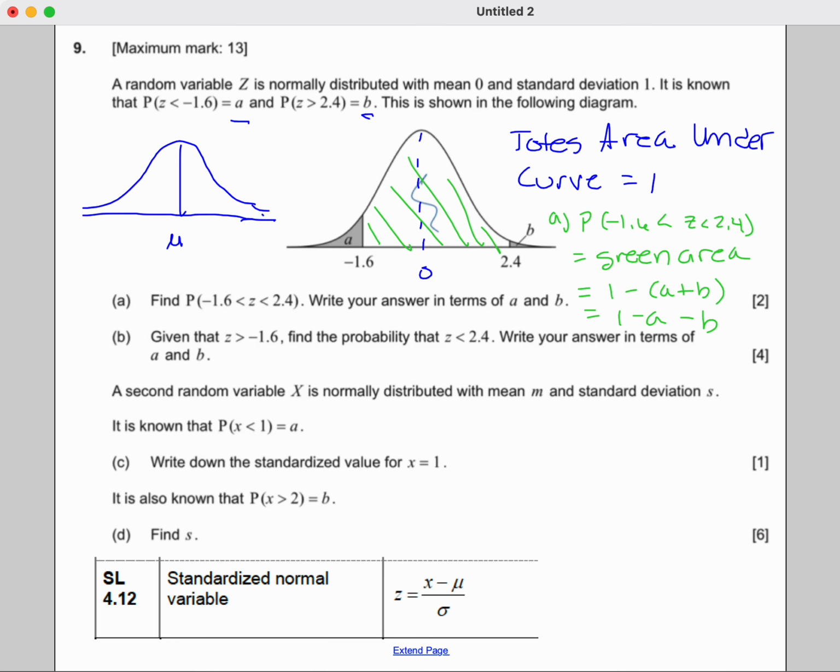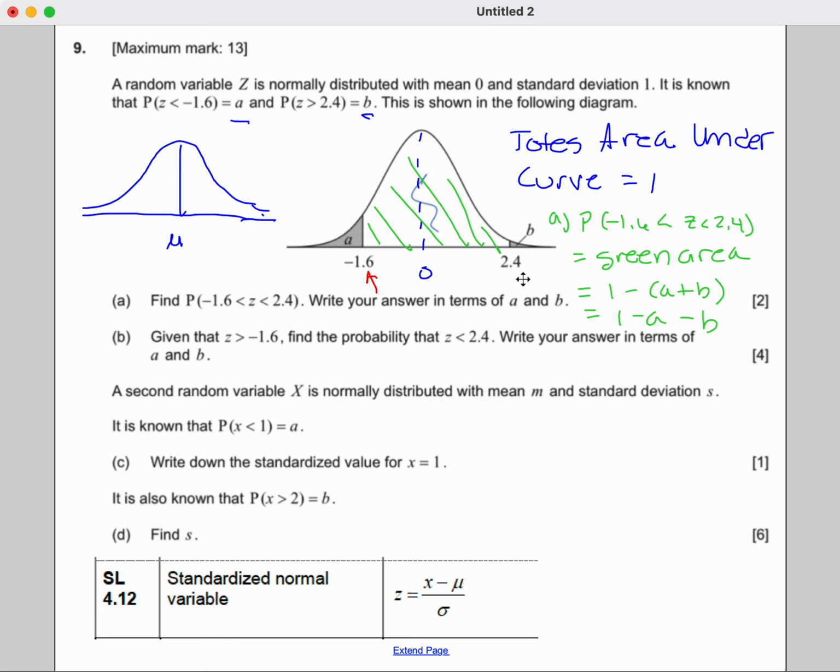Okay, so now we went here and we got the probability. I explained to you that the total area under a normal distribution is 1. And then we also talked about how we can find the probabilities by finding the area under the curve. So the probability that a randomly selected value is less than negative 1.6 is equal to A, right here, where A is the area under the curve to the left of negative 1.6.